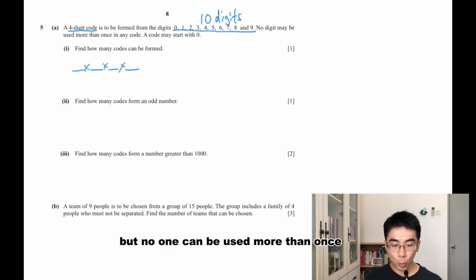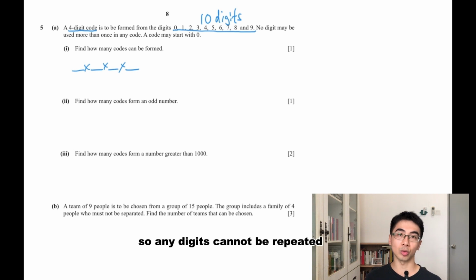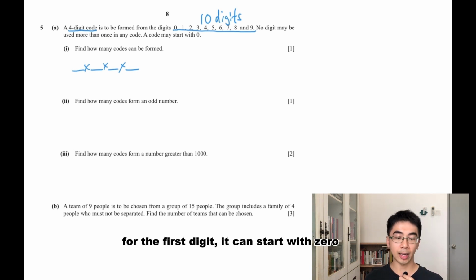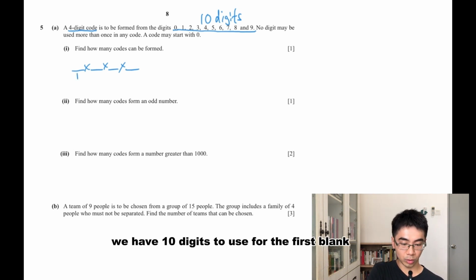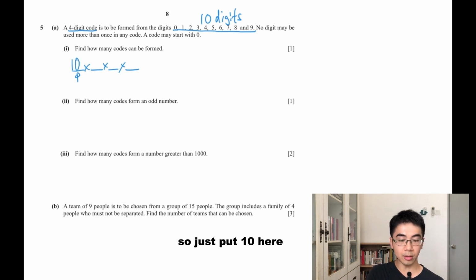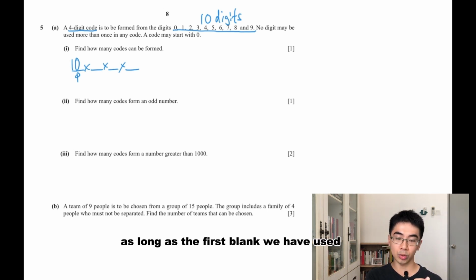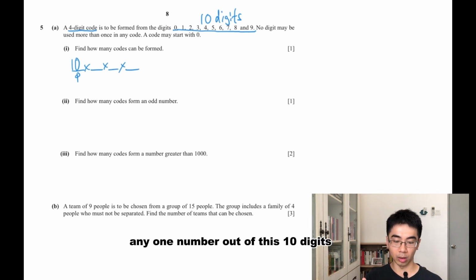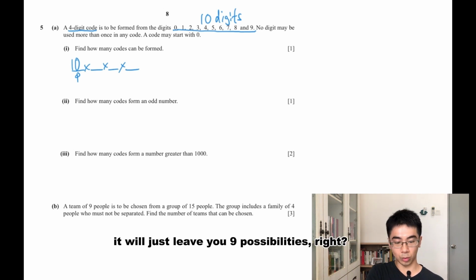Alright, but no digit can be used more than once, so it cannot be repeated. And the first digit of the code can start with 0. So we just think about the first one. For the first one, we have 10 digits we can use, so just put a 10 here. For the next one, as long as we have used any one number out of these 10, we are left with 9 possibilities, right?